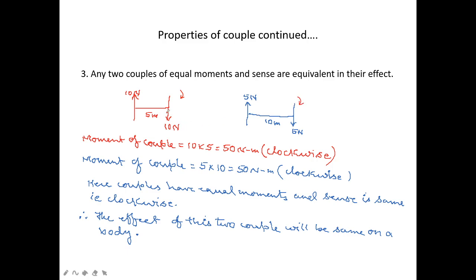That's why the effect of this couple and this couple on a particular body will be the same. So you can replace this couple by this couple. So any couple can be replaced by another couple if the moment is same and the sense is also same.